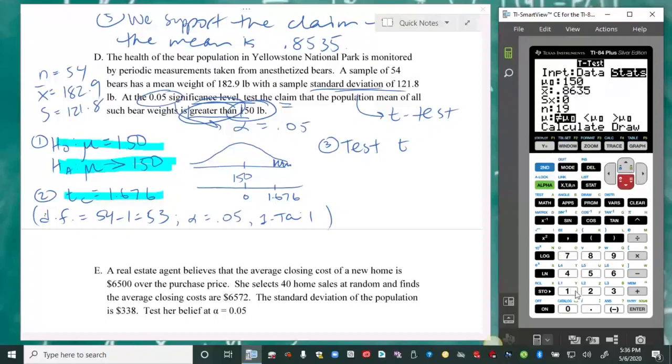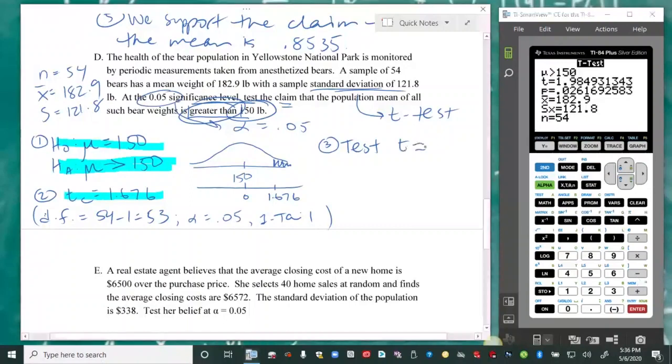My sample mean, right, is 182.9. Sample standard deviation is 121.8. And my sample size is 54. And I do want greater than this time. Another one-tail test. I calculate that to get that test t, and my test t is about 1.985.